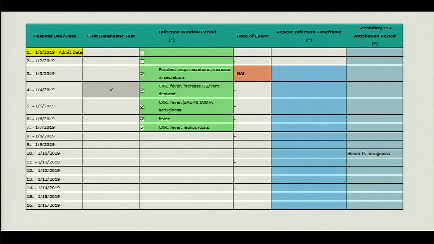Unfortunately, it is HAI. And your blood is then collected in the secondary BSI attribution period of the pneumonia 2, and it has a pathogen that matches the site-specific specimen, the BAL, that allows you to meet scenario 1 of the BSI secondary attribution period. Okay.